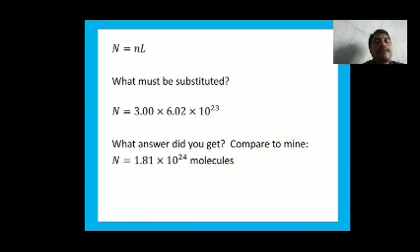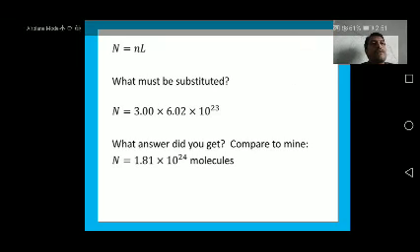Therefore, N equals n times L. Substituting, N equals 3 moles times 6.02 × 10^23. The answer is N equals 1.81 × 10^24 molecules. 3 moles of water contain 1.81 × 10^24 molecules.